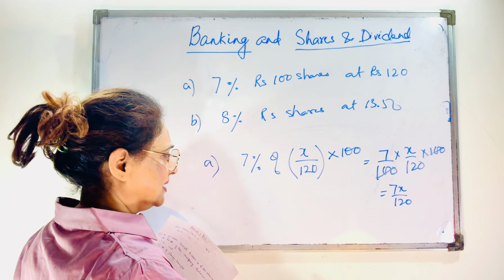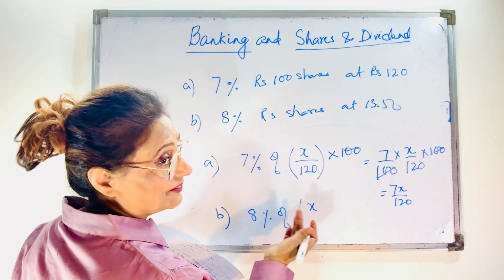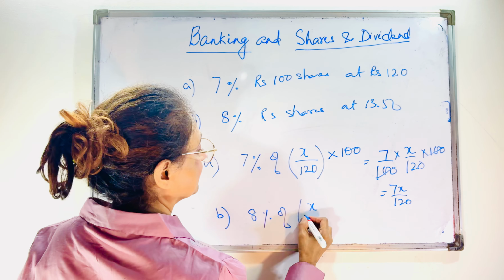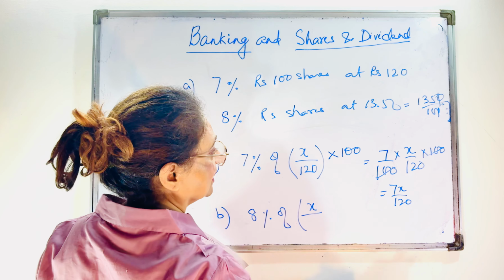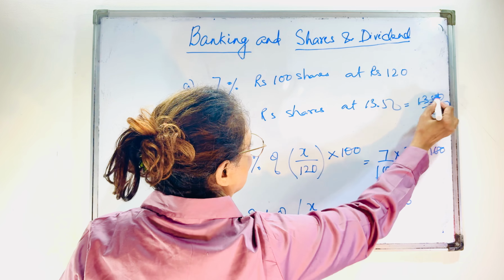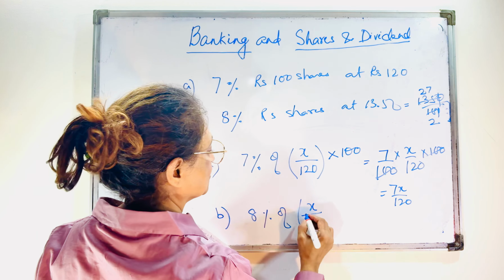In the second case, he gets 8% of, he has invested the same amount only. Then we can compare. 13.50 in this fraction is 1350 by 100, right? You can keep it like 5 2s are 10, 10, 5, 7, 27 by 2.